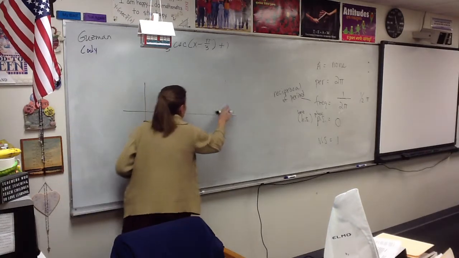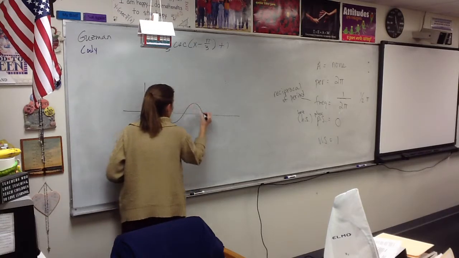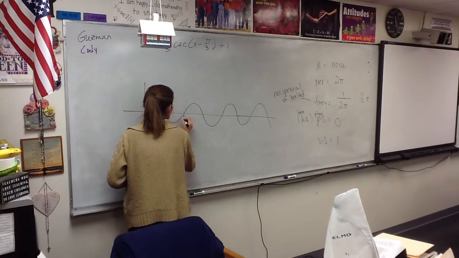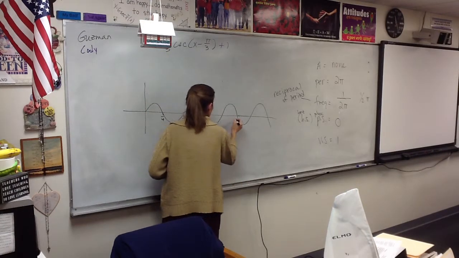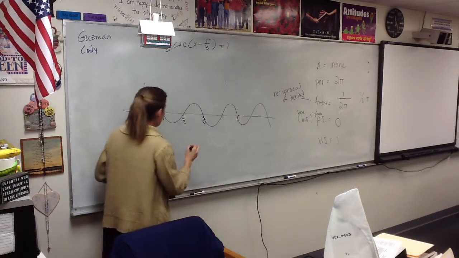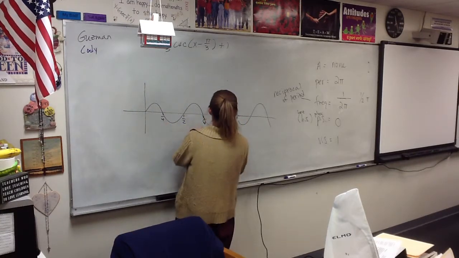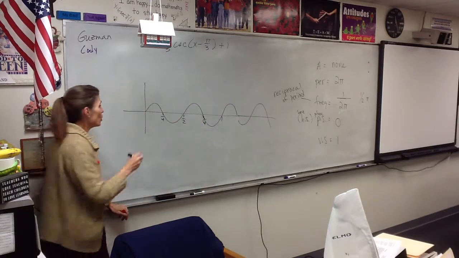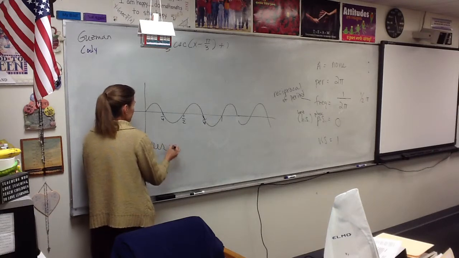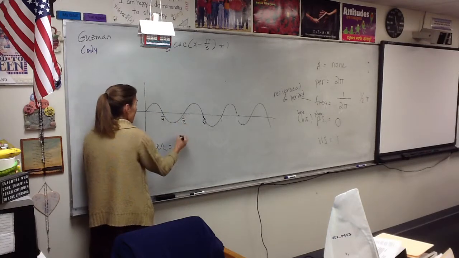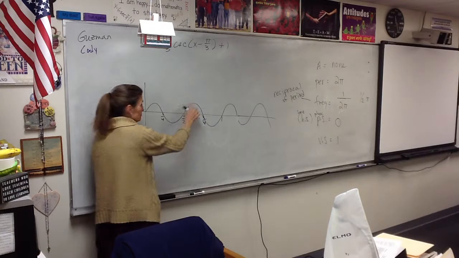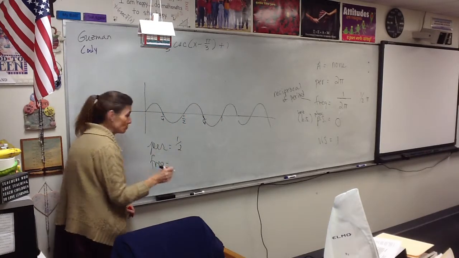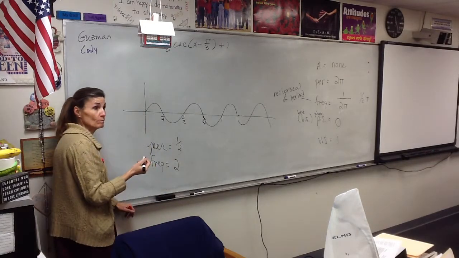If we had a sine curve that looked like this, what would you say its period is? Half, right? Its frequency then, according to what I just told you, should be 2/1 or 2.